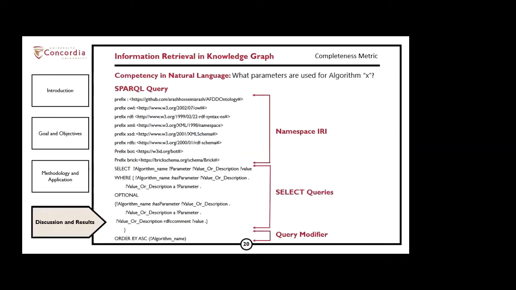And for the completeness metric, the competencies are translated to SPARQL queries. You can see, for example, what parameters are used for an algorithm X. This natural language is translated to a SPARQL query showing the namespaces that it has. The select query shows what information we are looking at, and the query modifier orders that information.